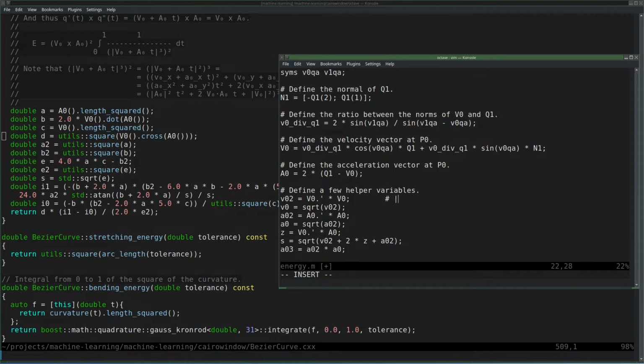Maybe I should just use the mathematical formula there.